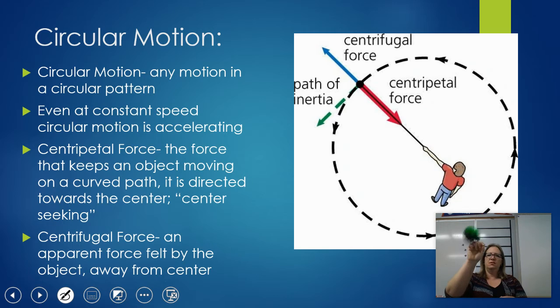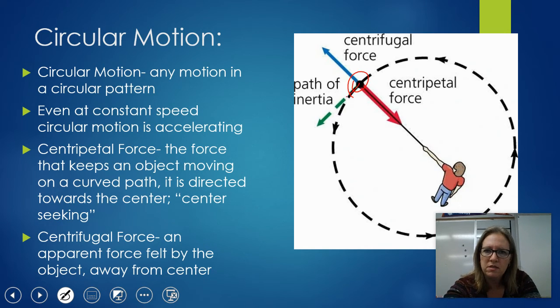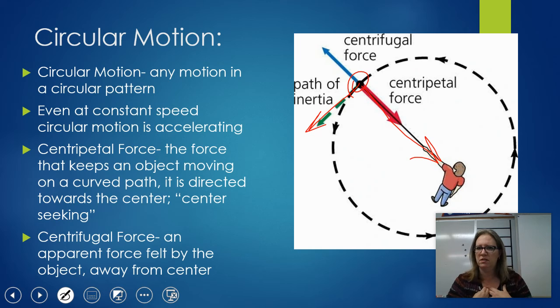So if I've got this object moving in a circle, I'm holding one of the strings. This string is what's keeping it in a circular pattern. Because this ball, as soon as I let go, it goes off in a straight line, okay? So let me kind of show this. If that's my ball right there, it wants to constantly go off in a straight line, but because I'm holding it, it's pulling it towards the center.